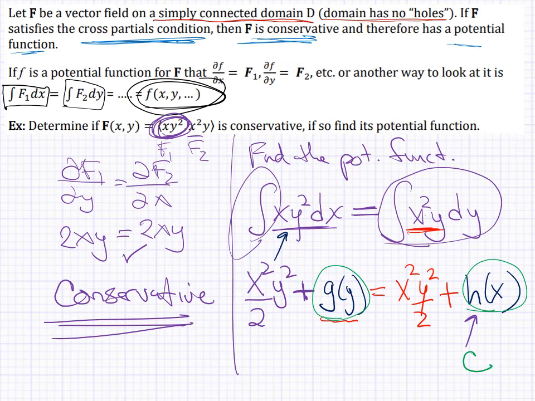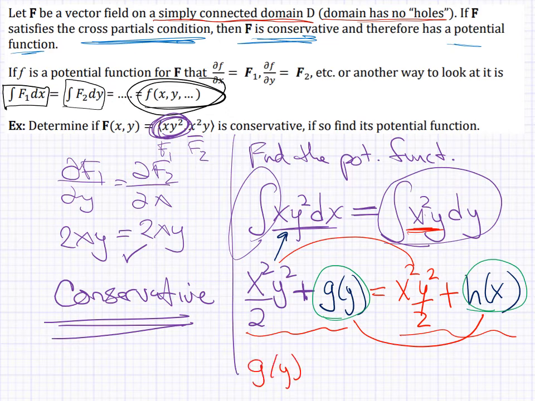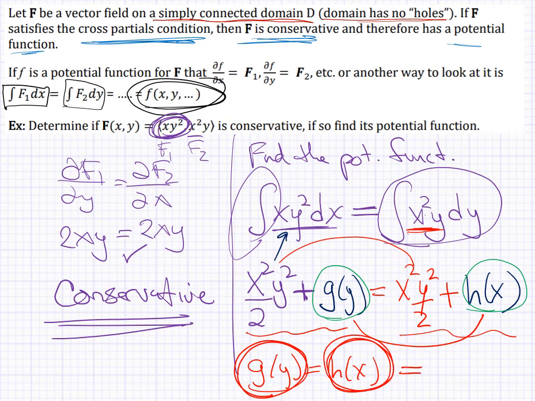But remember, both of these have to equal each other, right? So if this has to equal this, well, we clearly see these two pieces are equal, so therefore these two pieces have to be equal. Well, the only way that g of y, a function that only has y's in it, could equal h of x, a function that only has x's in it, is if both of them are simply just a constant themselves.